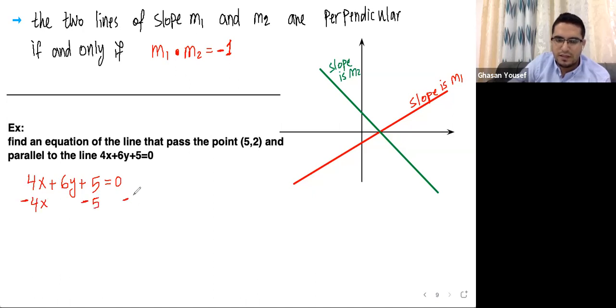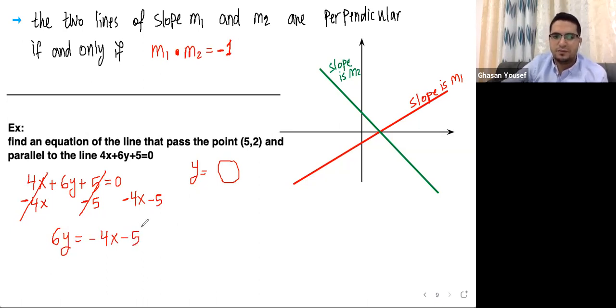Because I need the equation in the form y equals something. So when I subtract from both sides, this cancels out, this cancels out. Here I get 6y equals minus 4x minus 5.